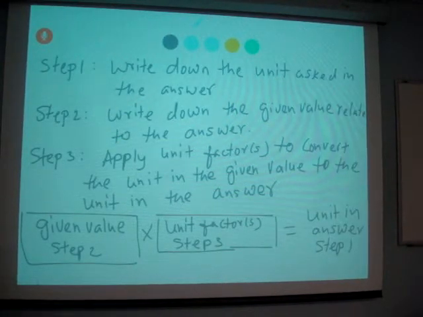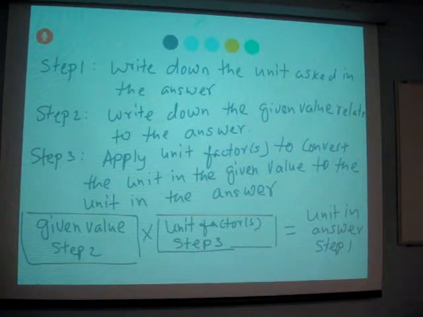Alright, so let's start with step 1. Step 1, write down the unit asked in the answer. So first we need to write down the unit that we need to find in the answer.